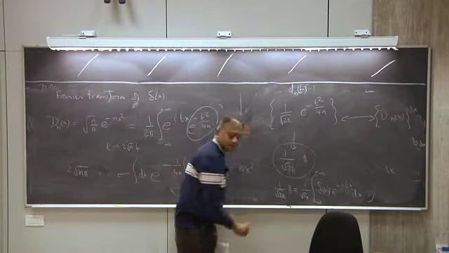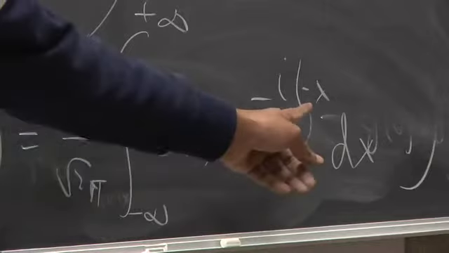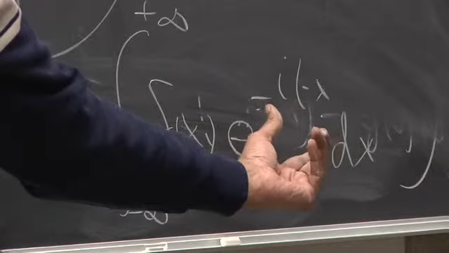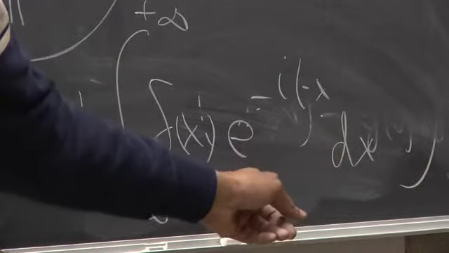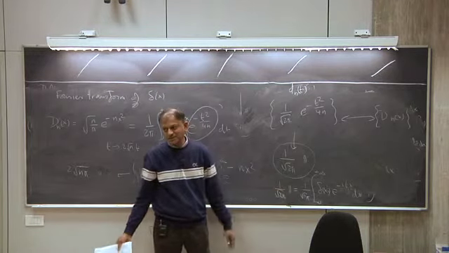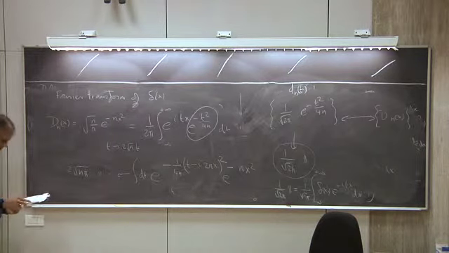Yeah, that's what it is. But this is indeed true. After all, delta x will just evaluate this function at x equal to 0. But at x equal to 0, this is 1. Root 2 pi cancels, so this is just an identity. Okay, I think that's about it.